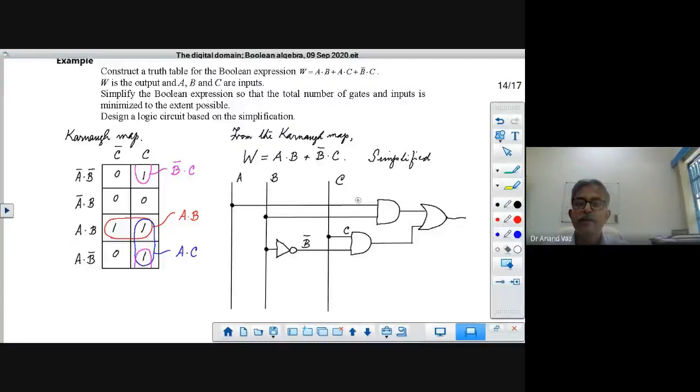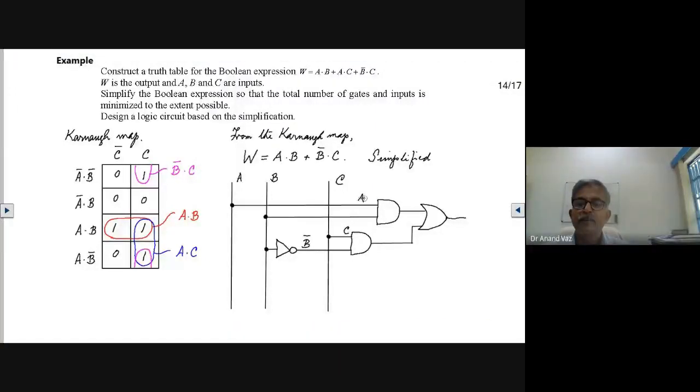So here you have A, here you have input as B. This is the product A and B, and this is the product not B and C, and this is W. Okay. So this is the implementation of the logic circuit, which is done after simplification.